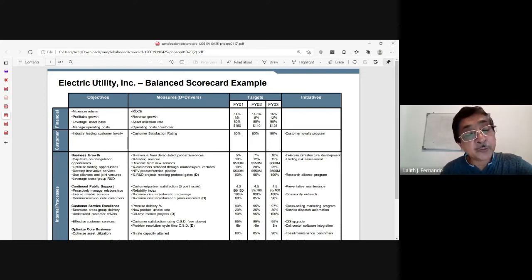So that is one way of getting the answers for the question. Then we can build up the answers by looking at the customer perspective of the balance scorecard.